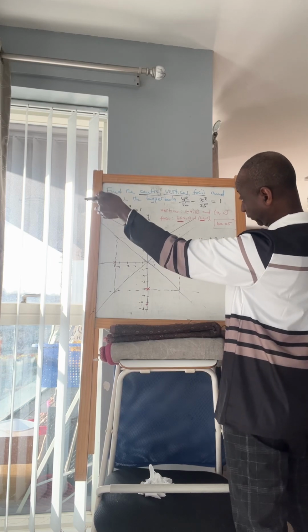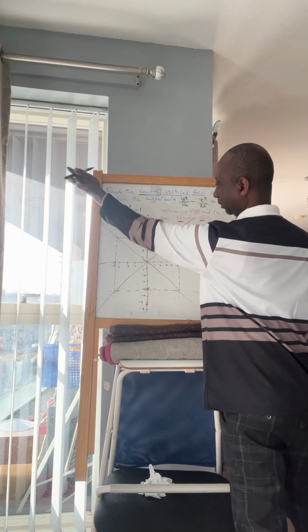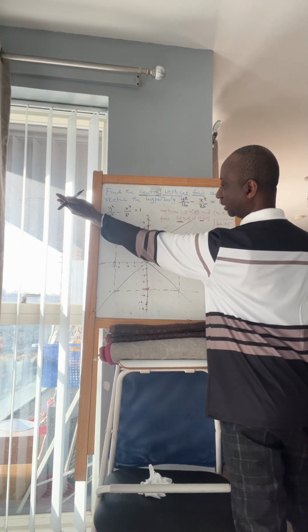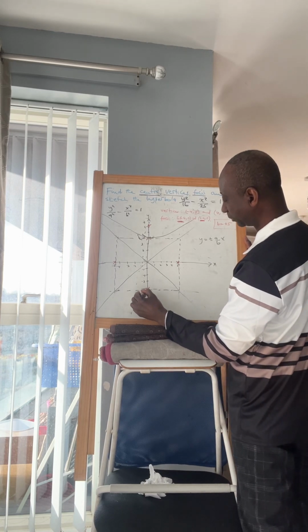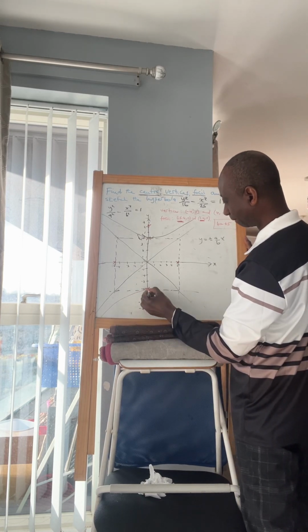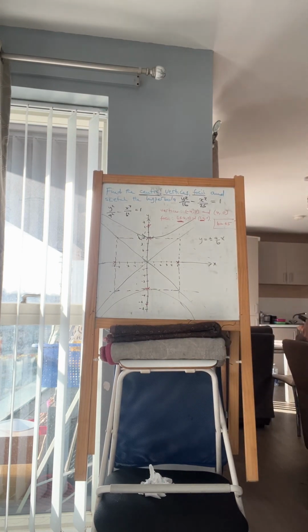At some point in the future, at infinity, it becomes a straight line parallel to the asymptote. You will not meet. And here again, this is the turning point. Draw your line. So this is your graph.